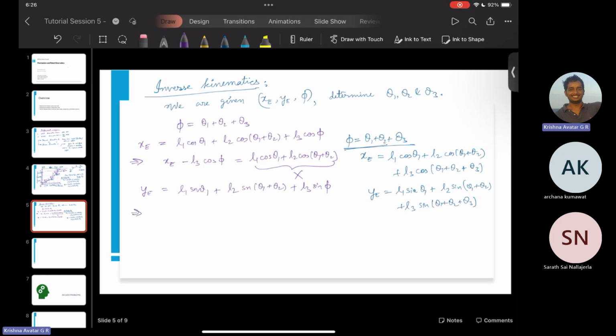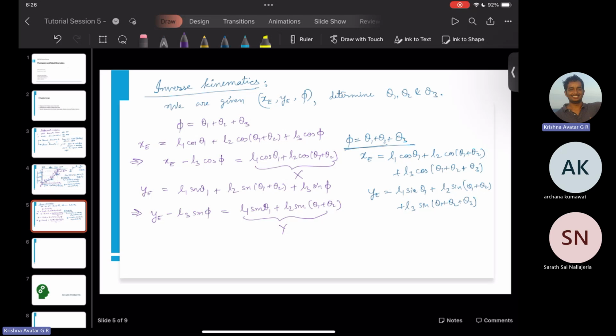And this we can rearrange as YE minus L3 sine phi is equal to L1 sine theta 1 plus L2 sine theta 1 plus theta 2. And let's call this capital Y. Right?